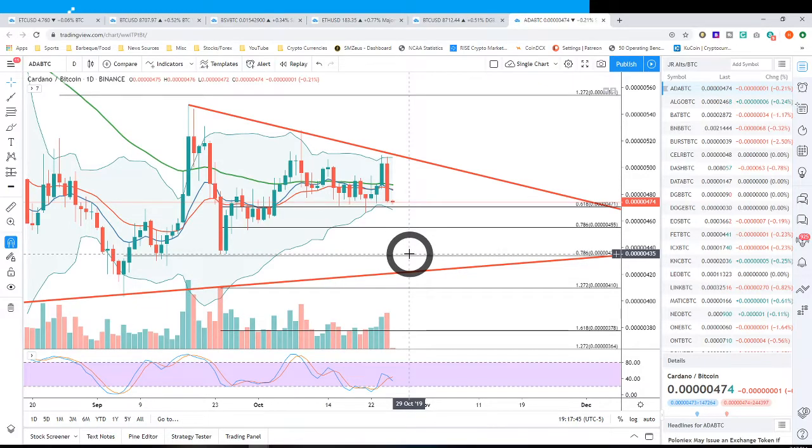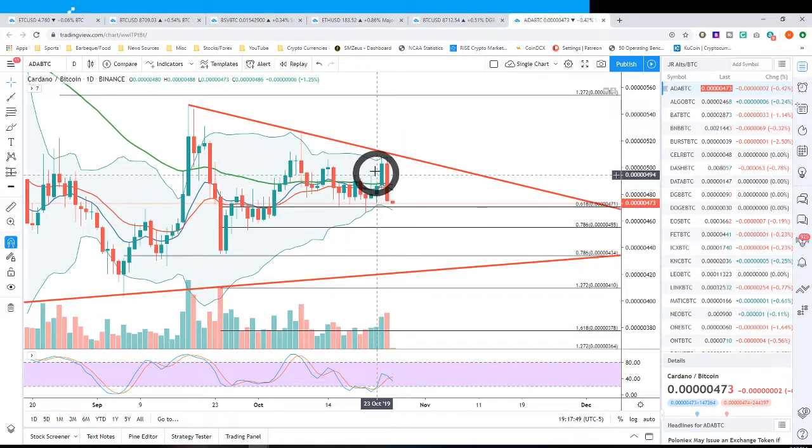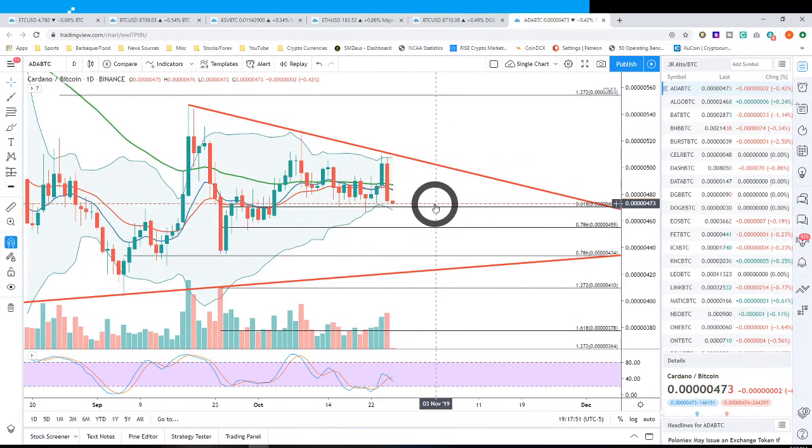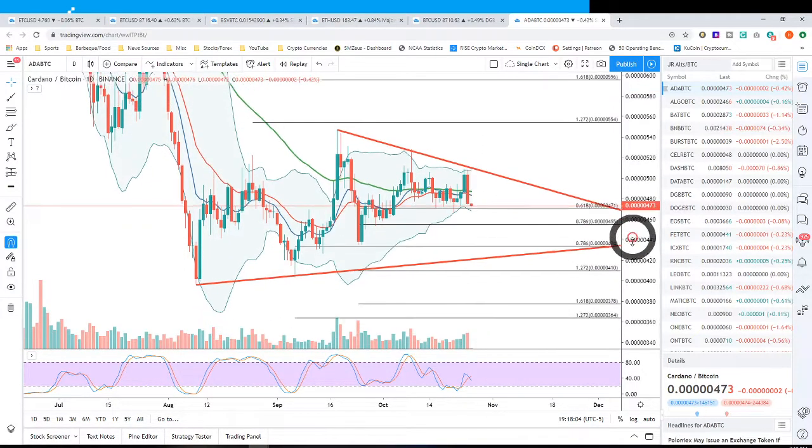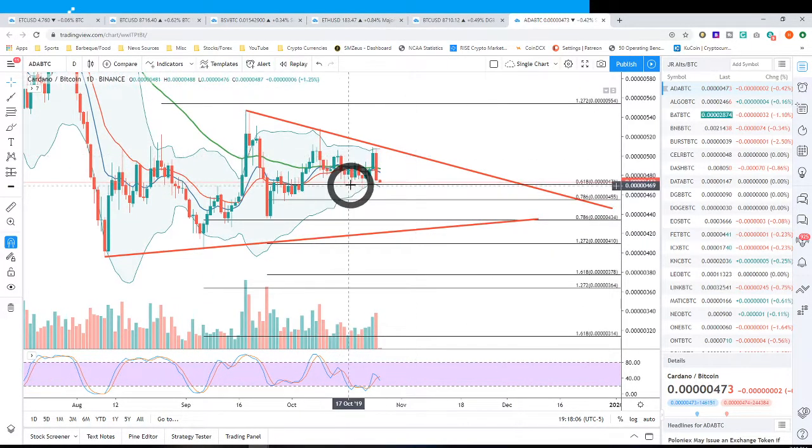So, do you risk that? I say no. I say stay away from ADA right now on the Bitcoin pair. Okay? That is my call. Stay away from it.